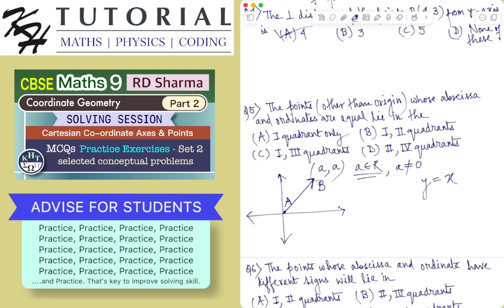Abscissa and ordinate are the same, which means y equals x will be the equation of all the points whose abscissa and ordinates are the same. And this ray AB is the graph of y equals x, where we must have x greater than 0.